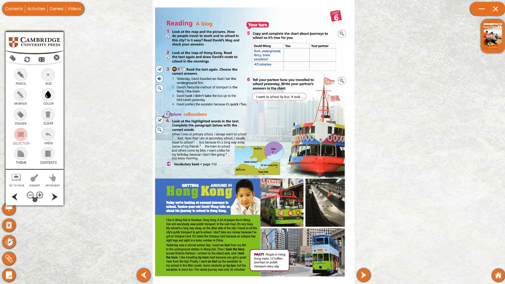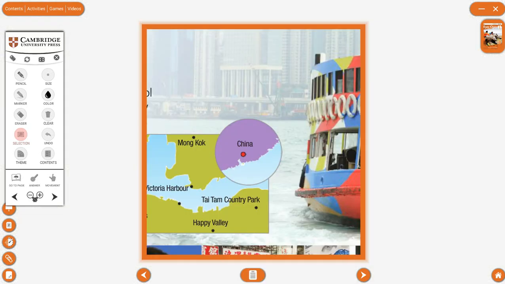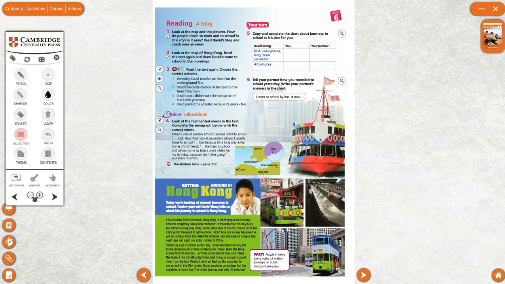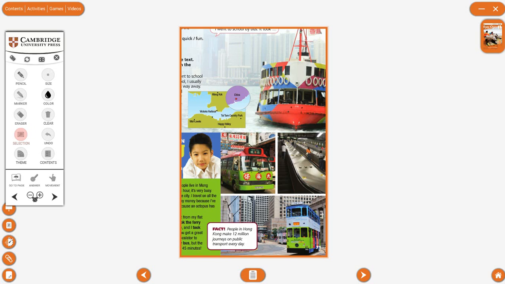There are some transport in these pictures, for example buses and tram and underground and ferry.